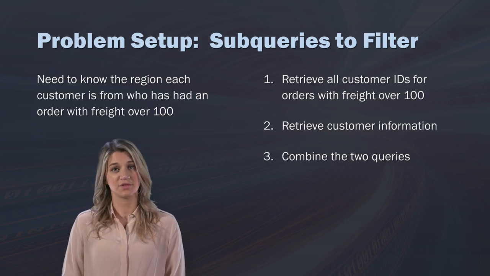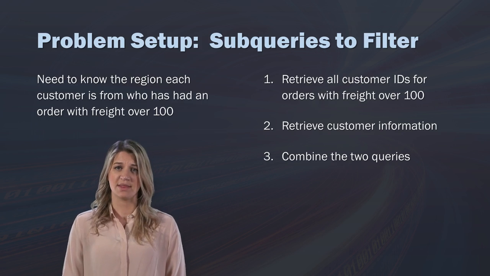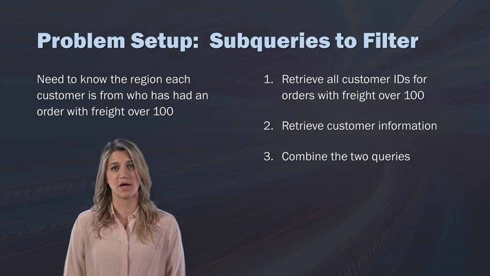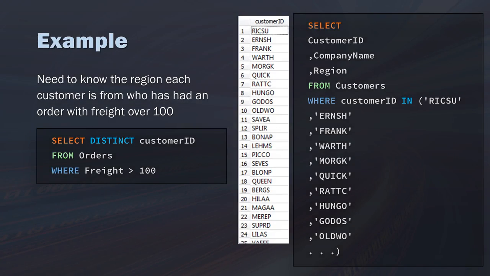Clearly, this is quite a few steps, and we always want to limit these and make things as simple as possible in SQL. In this example again, you can see we pulled our customer IDs where freight is over 100. Then another query to get my company name and region from the customer table, and then combine the list of those customer IDs into my other query, which had my customer information.